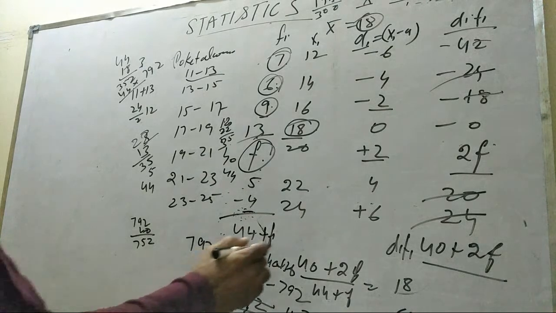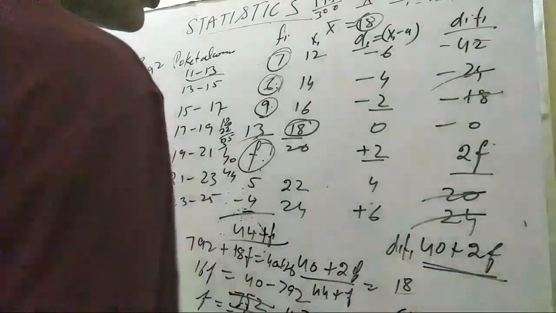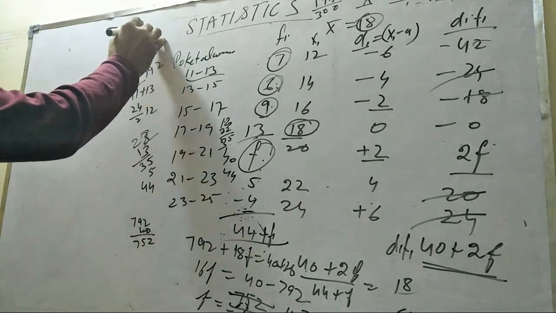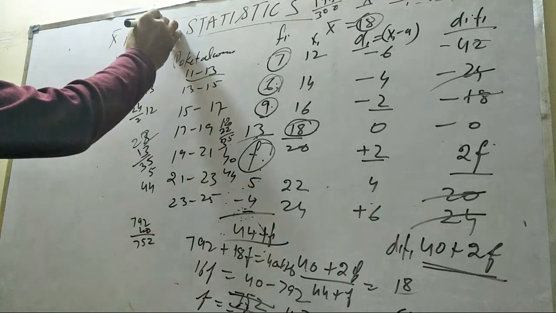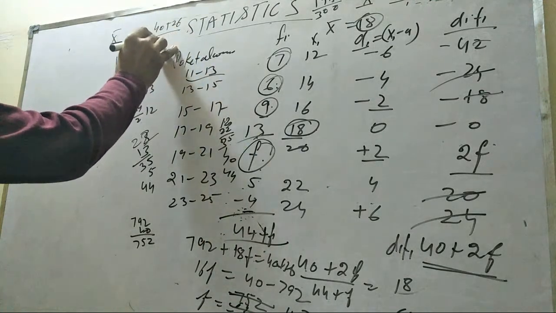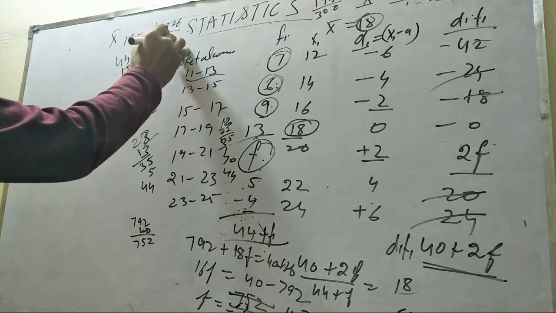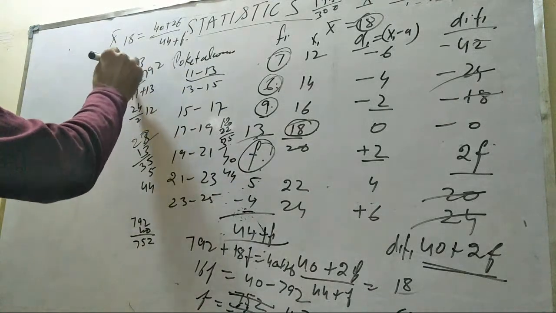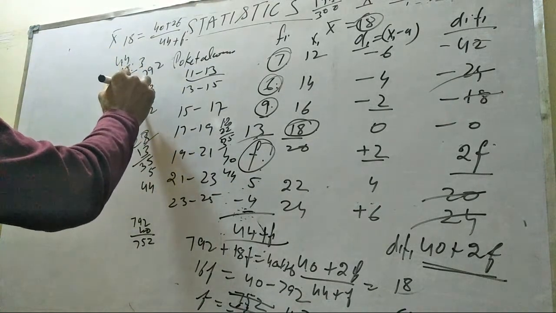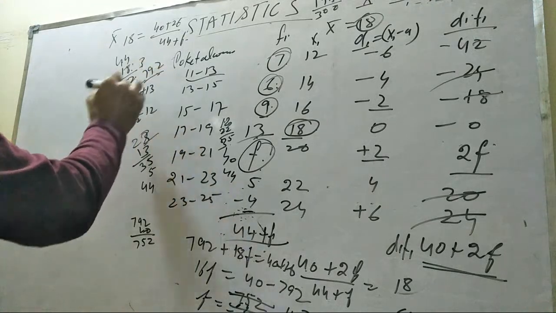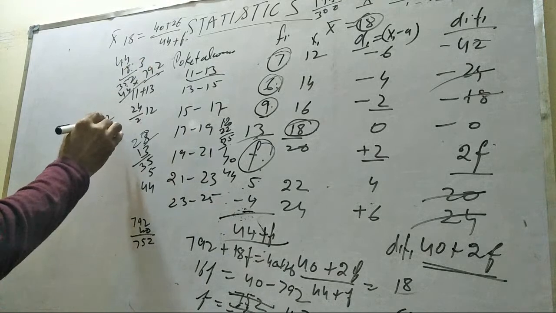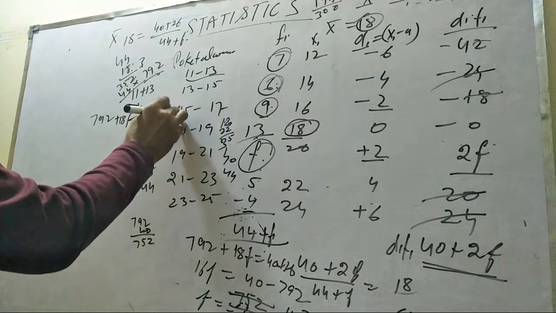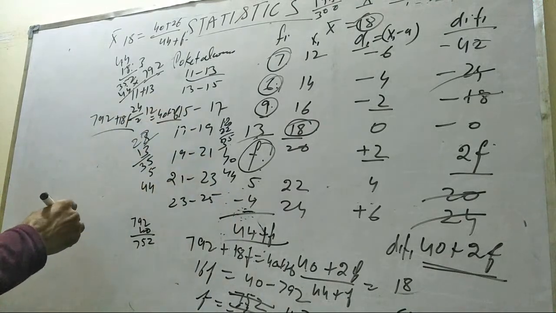So 44 plus f, and the mean, which is 18, is equal to 40 plus 2f divided by 44 plus f. Then 44 into 18 is 792, and 792 plus 18f is equal to 40 plus 2f. This becomes our equation.